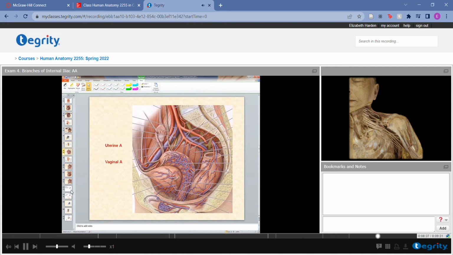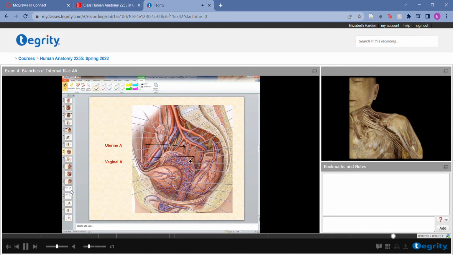Now, if we go to females real quick, we obviously know that guys don't have a uterine artery and a vaginal artery, so you're only going to see this in females. And we would look here, this right here is going to be my uterine artery, which comes directly off the internal iliac, and this one over here is going to be my vaginal artery.